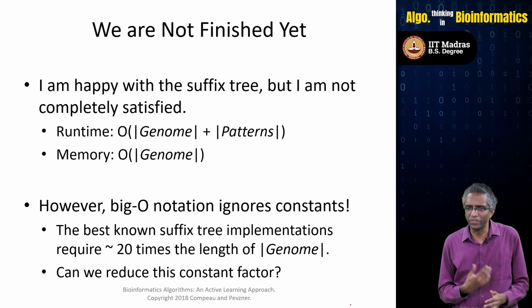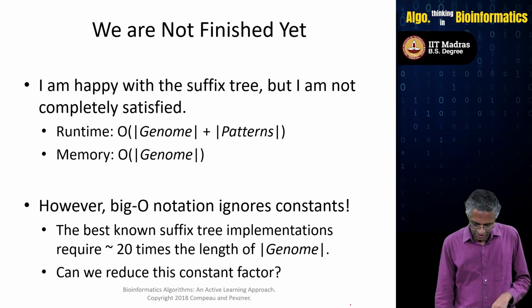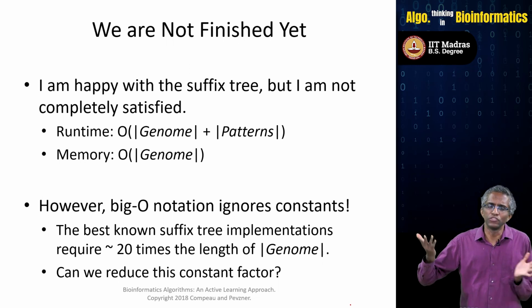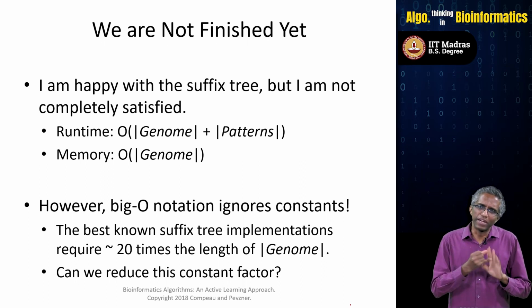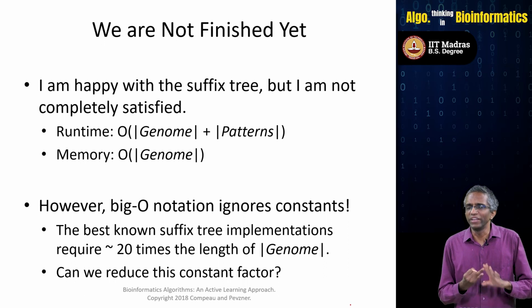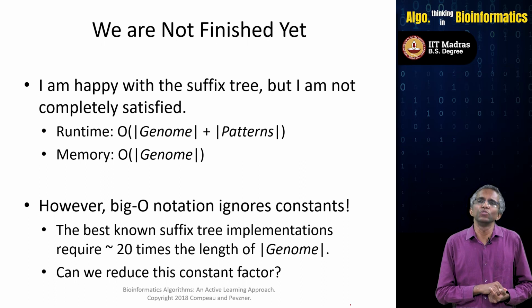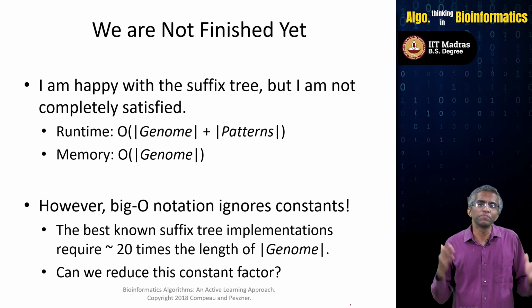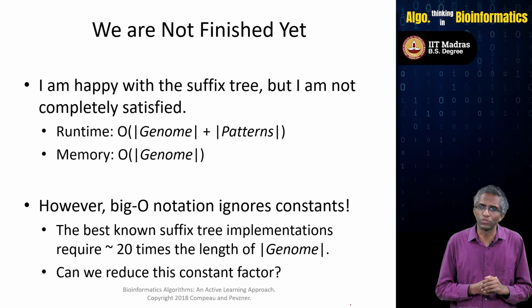So the question is, can we reduce this constant factor down to a much smaller number? This is what we mean by the challenges of mapping billions of short reads to a very large genome. Every bit matters, and every millisecond matters in our running time, because we are trying to look for scalability that will make this technology much more accessible to all clinics across all countries, not just the clinics which have lots of resources.